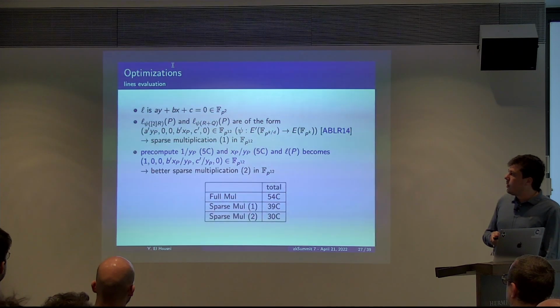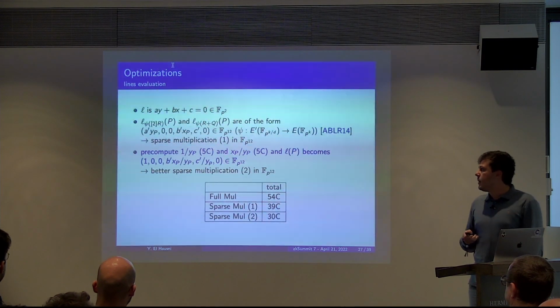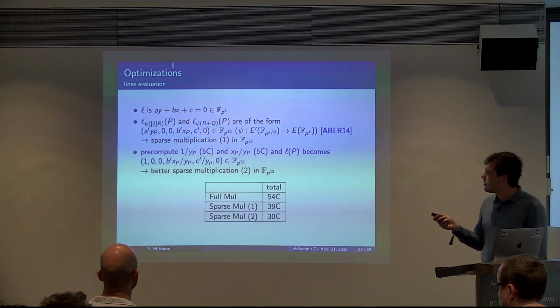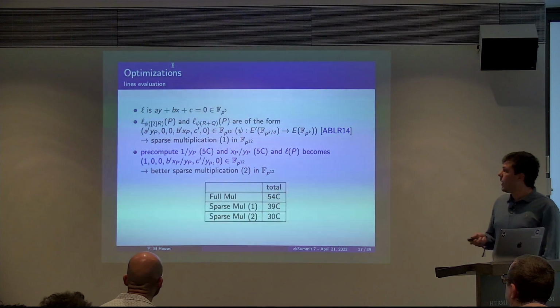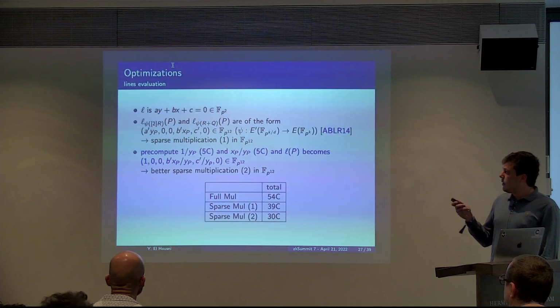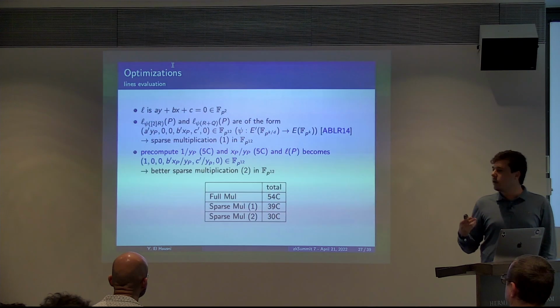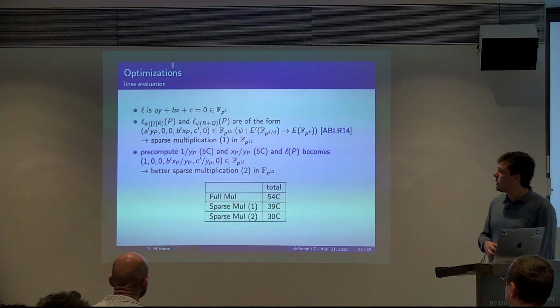Now the line evaluation. The line is ay plus bx plus c, and we need to evaluate this line at some point P. The line goes through 2 points, or is the tangent line.